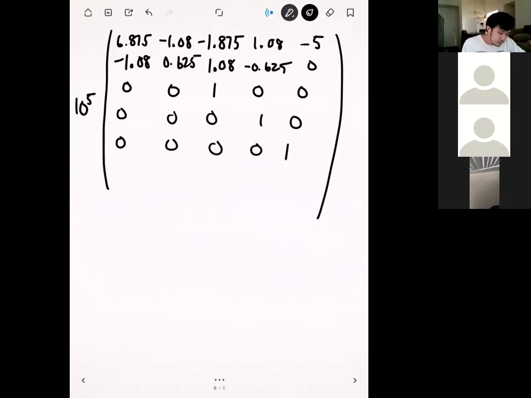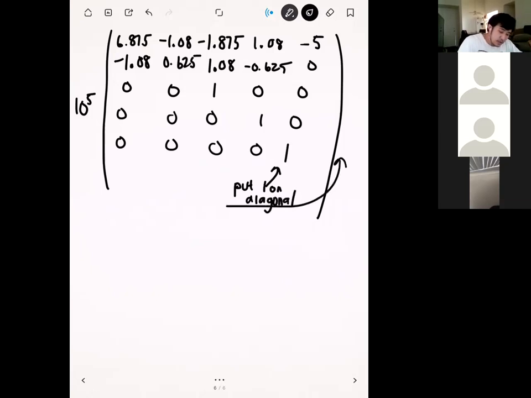Okay. And so remember, when you were doing the replacement for the Dirichlet boundary conditions, you replace the row with an entire row of zeros, then you put 1 on the diagonal position. Okay.